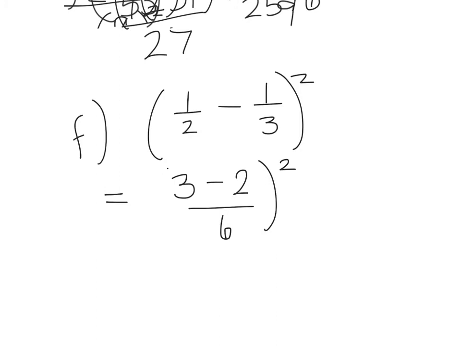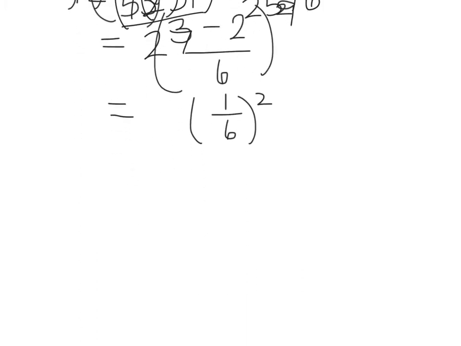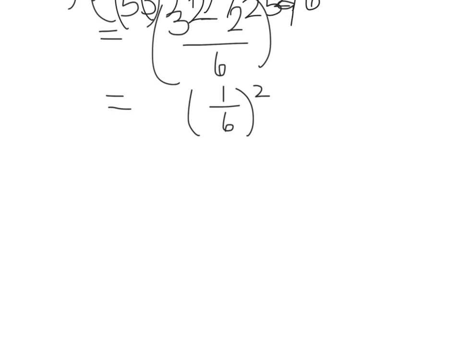This is still all squared, which gives us 1 over 6 all squared. And 1 times 1 is 1. And 6 times 6 is 36.